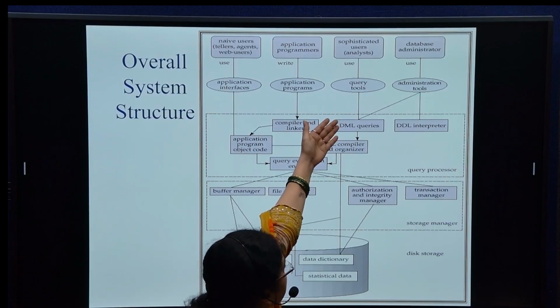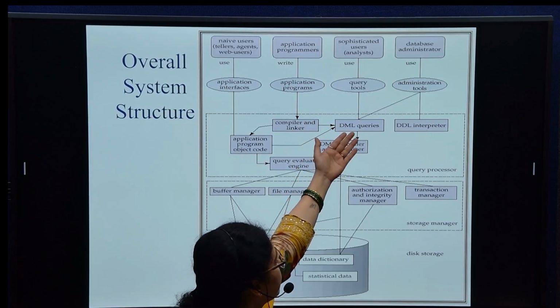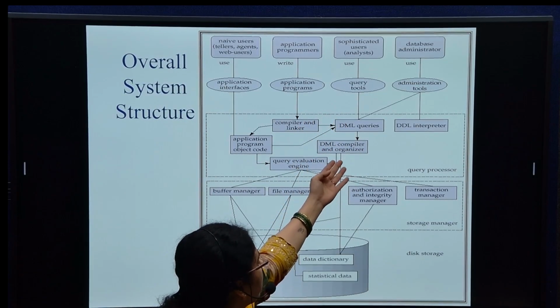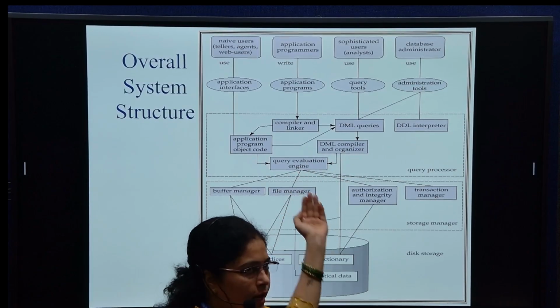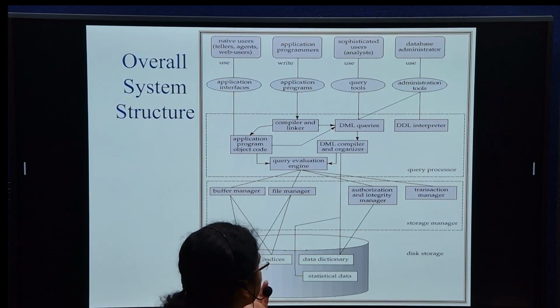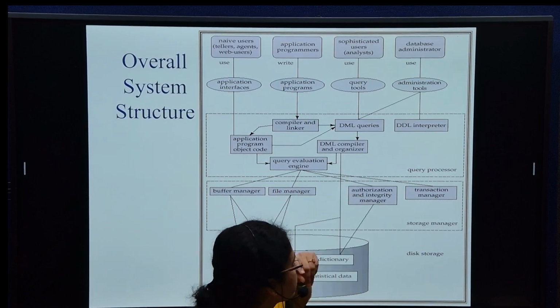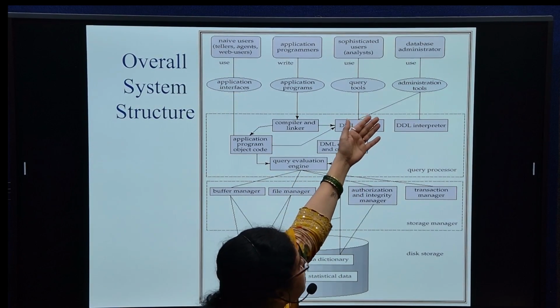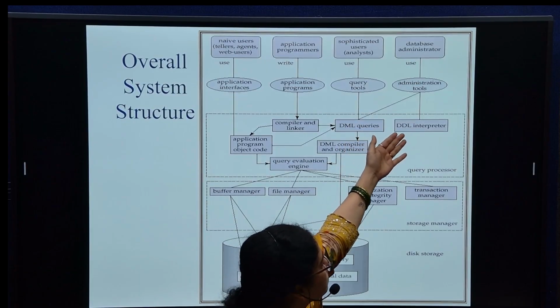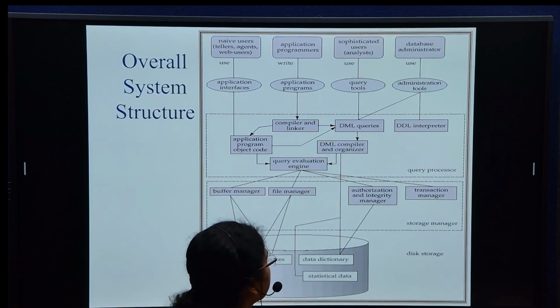Sophisticated users, who are using query tools, go to the DML queries, and the compiler and organizer will organize the queries, and the query evaluation engine will execute the query in a smooth manner. Next is the DBA, which is using the administration tool and uses the DDL interpreter.